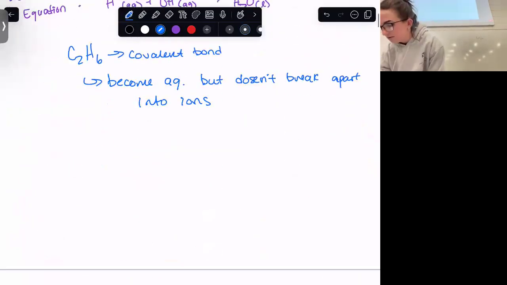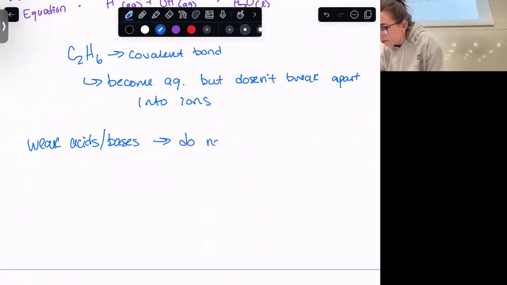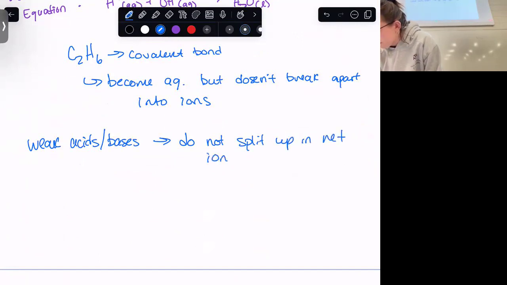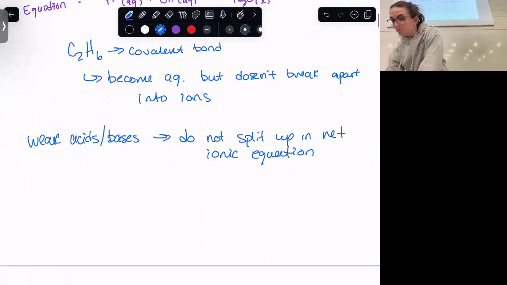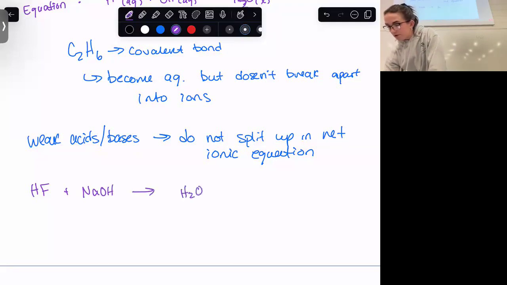So weak acids and weak bases, you do not split up in your net ionic equation. An example of this would be HF, which is a weak acid. If we combined this with a strong base of NaOH, this would form water and NaF.